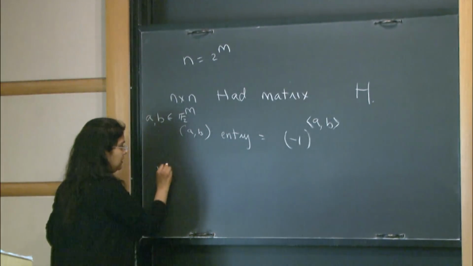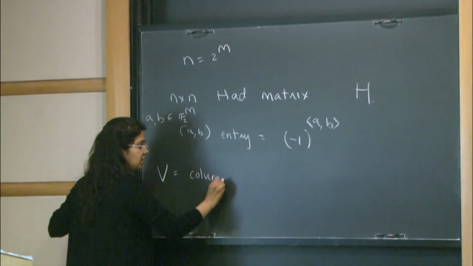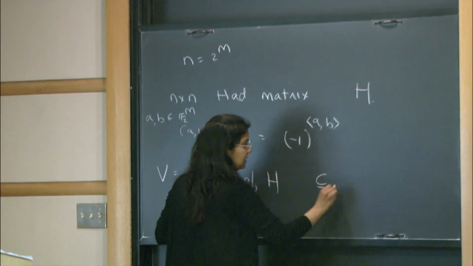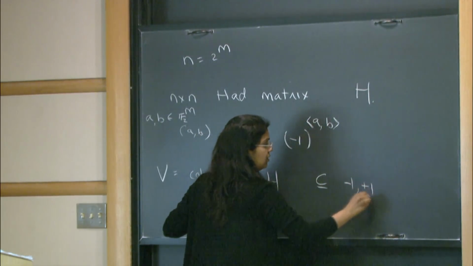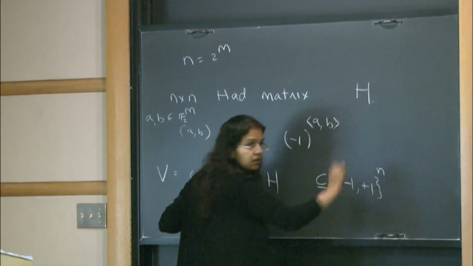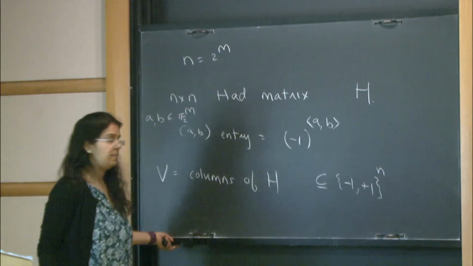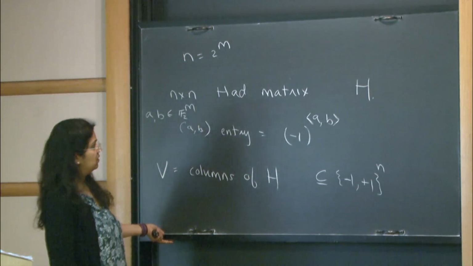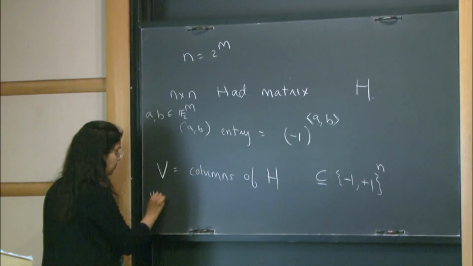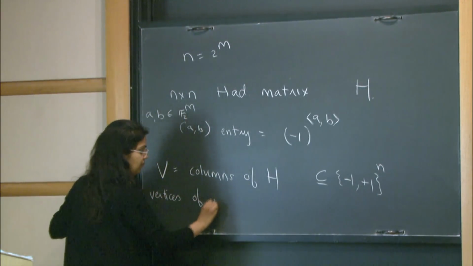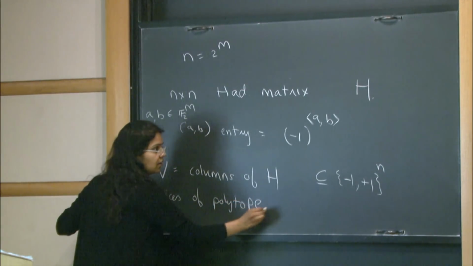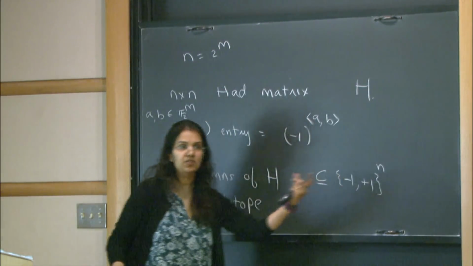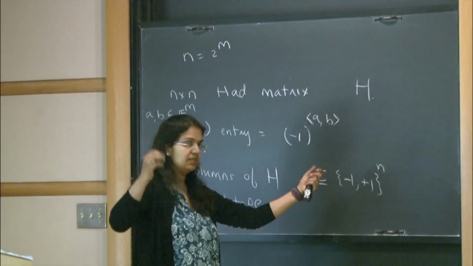So let V be the set of columns of this Hadamard matrix. This is a subset of {-1, +1} to the n. These will be my vertices. We think of these as the vertices of the polytope. Eventually I will shift it, so my polytope will be a subset of {-1, 0, 1} to the n.